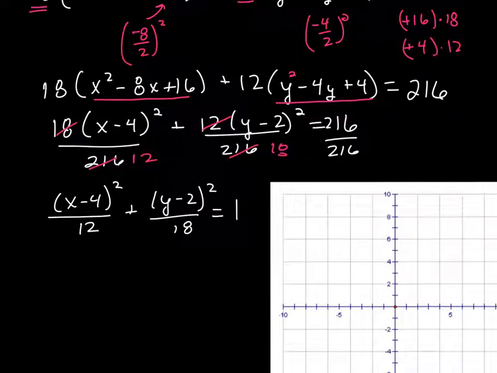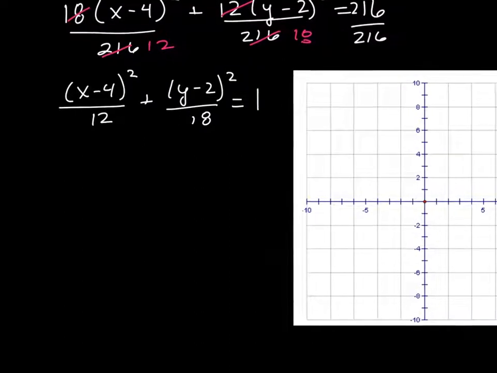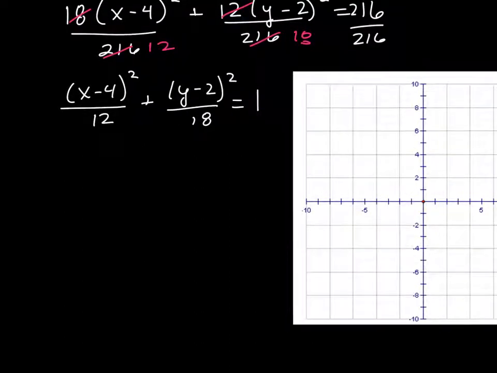All right, let's talk about the values that I need and how to graph this. This tells me that the center of the ellipse is at 4, 2. I get those values from changing the signs of the pieces around x and y, so x is equal to 4 and the y value for my center is 2.